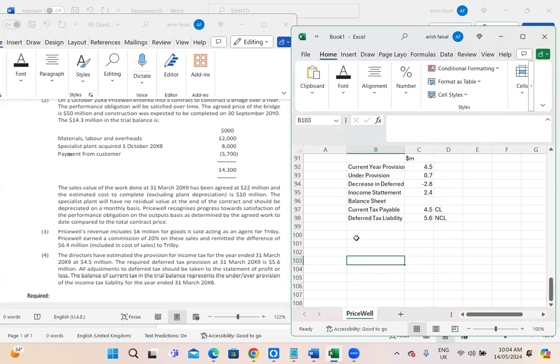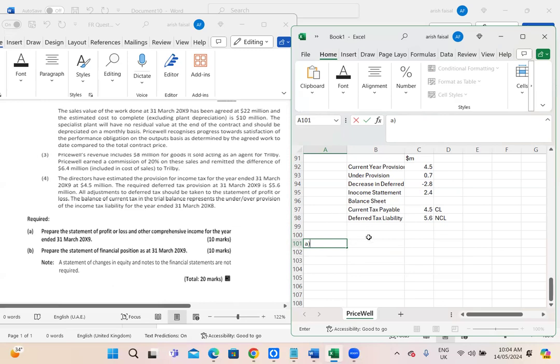Okay, so once you're making up the income statement, first we have to make sure that you mention the question number, which is part A. We will write down first the name of the company, which is Pricewell. Okay, we'll write down the second thing. What you have to do is write down the statement you're making.